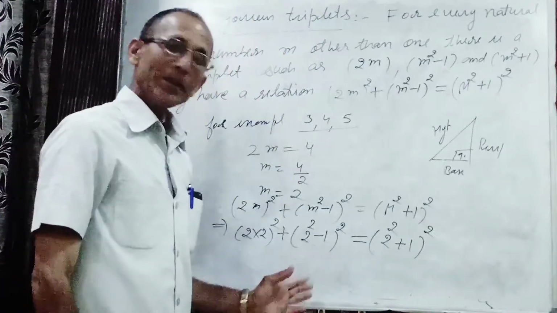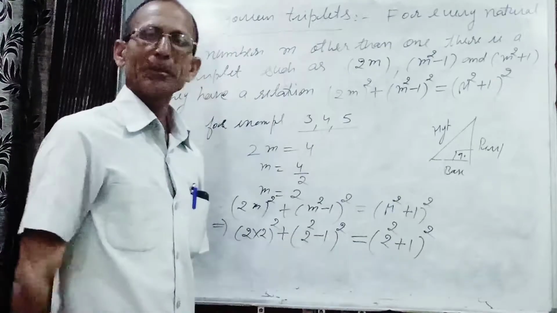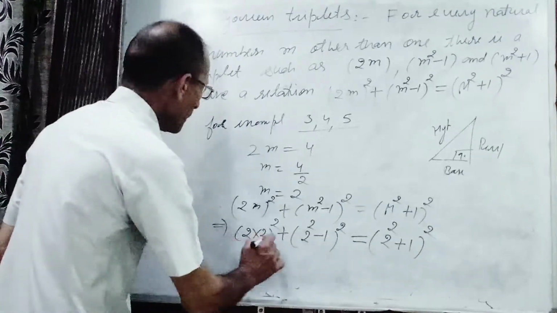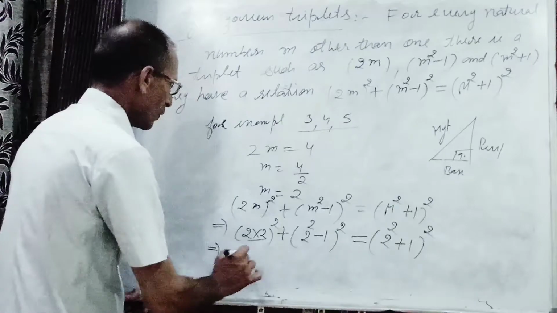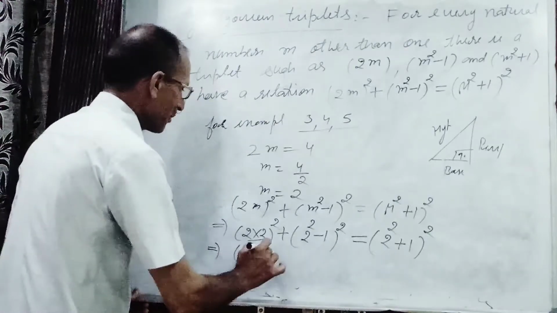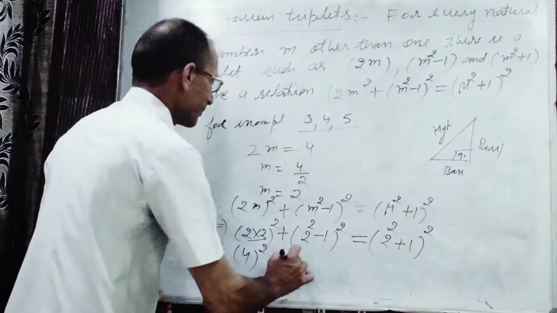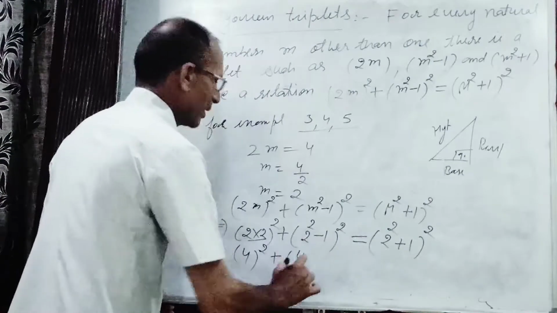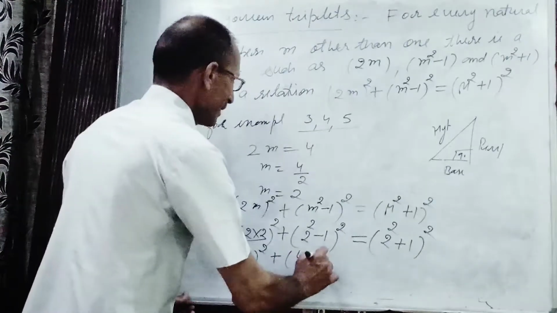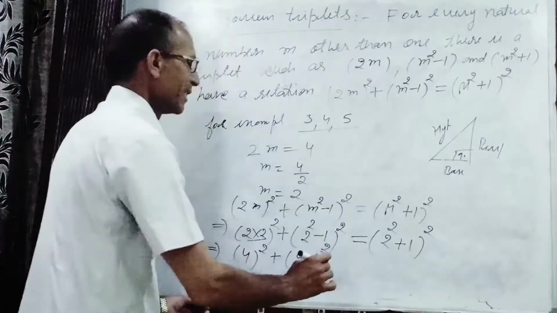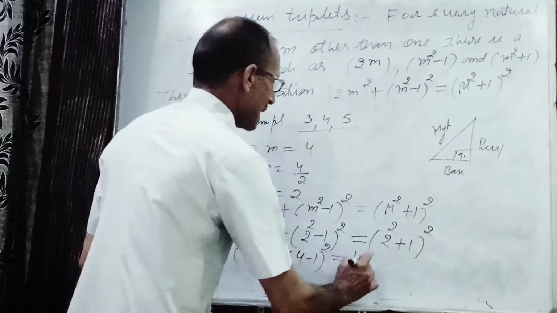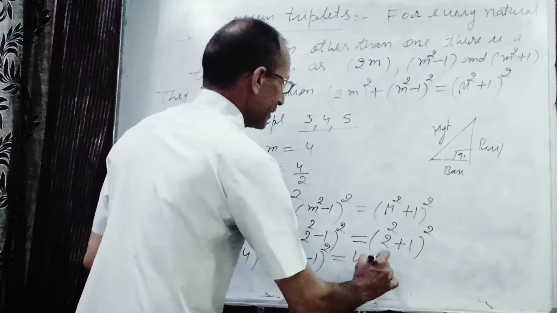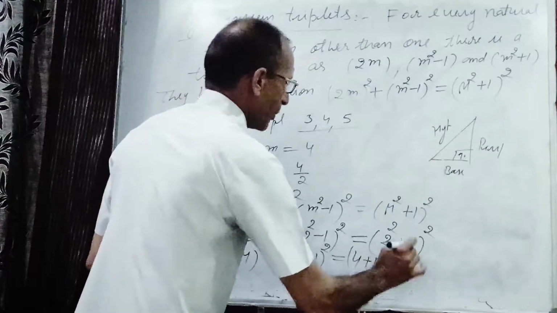According to the rule, first I will show the brackets. 2 multiplied by 2, that is 4, whole square, plus 2 square, that is 4, minus 1, whole square, equal to 2 square, that is 4, plus 1, whole square.